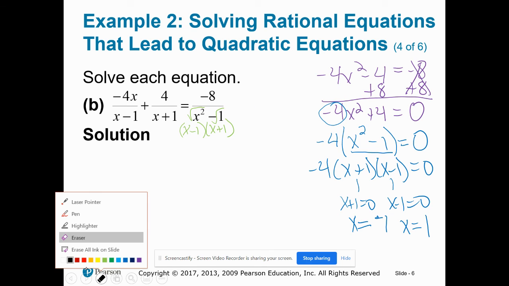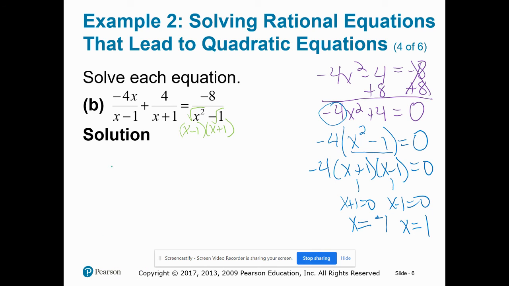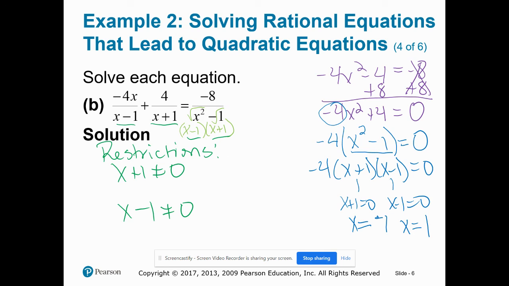And so our denominators here are x plus 1 and x minus 1 from these common terms in our denominator. This x plus 1, we subtract 1, so x can't be negative 1. The x minus 1, we add 1 to get x alone, and x can't be positive 1.